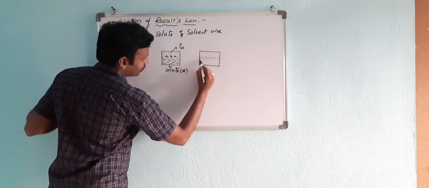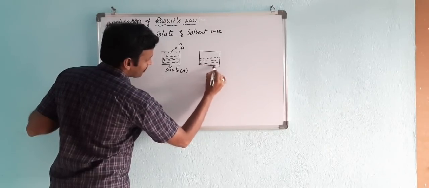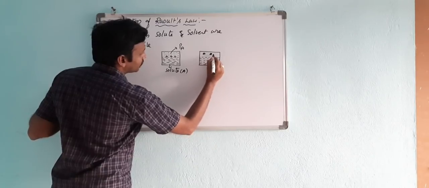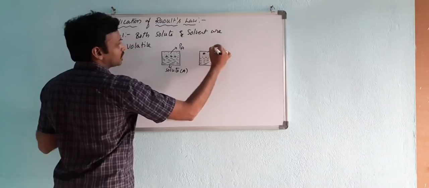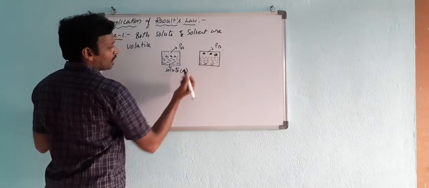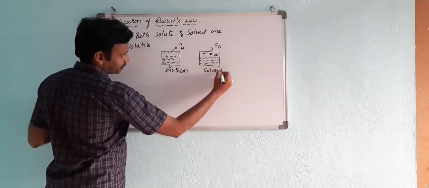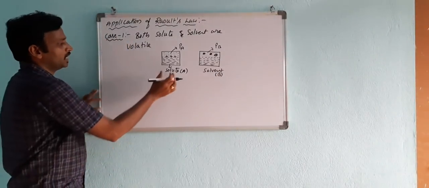Here you have solvent molecules, with pressure PB, and this solvent I am considering as B.